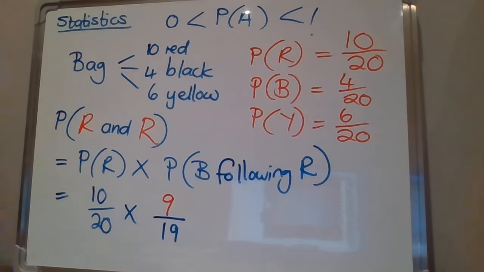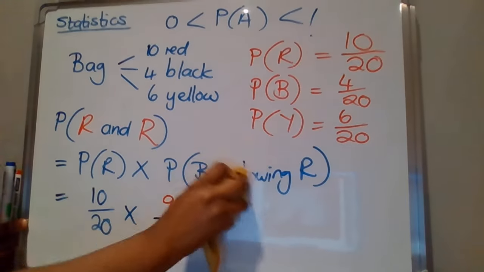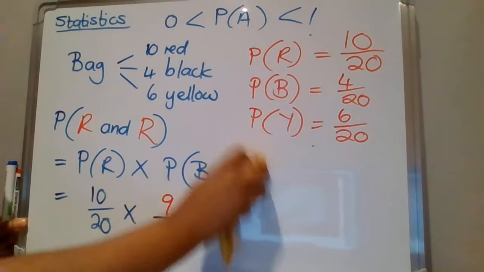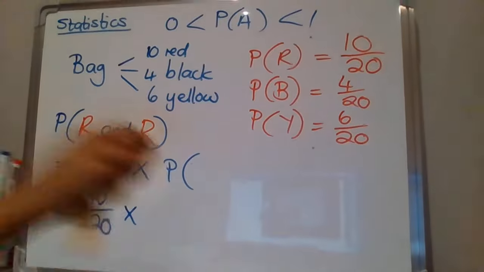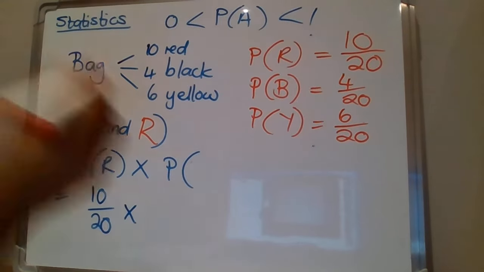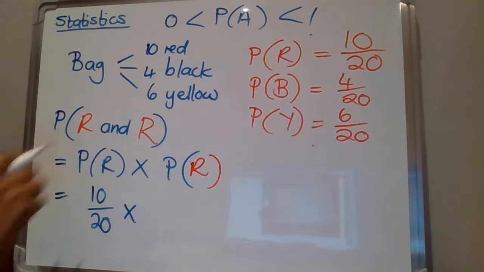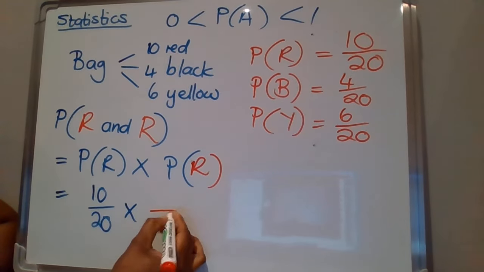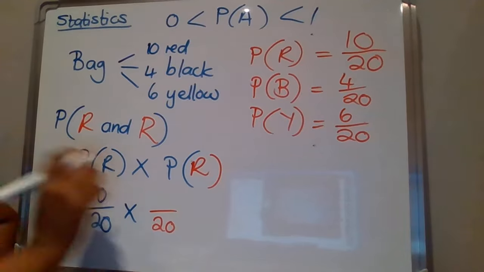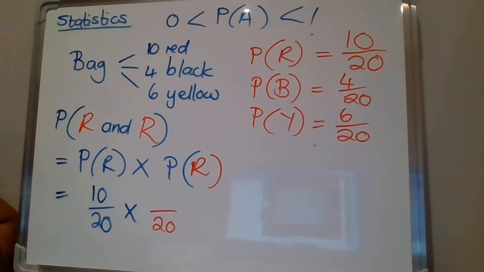If here I took out my first ball, then I put it back into the bag before I pick my second ball, then what are my chances of me getting a red? My outcomes have remained the same. Do you see that? Because I put the ball back into the bag.